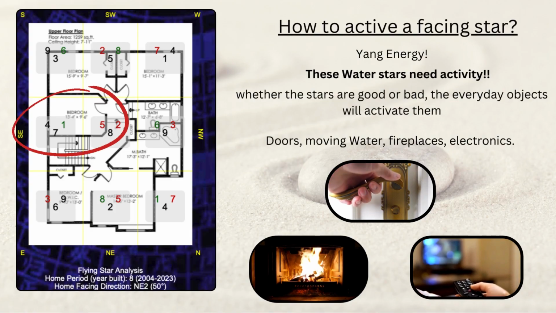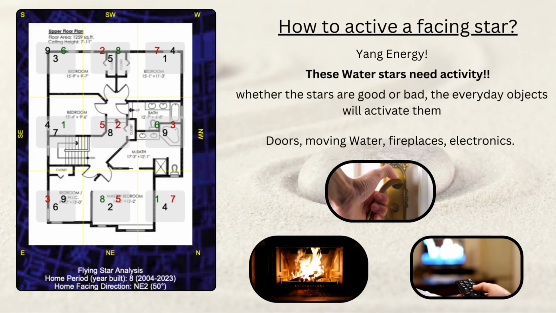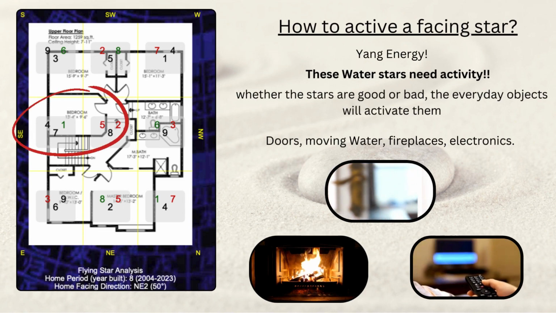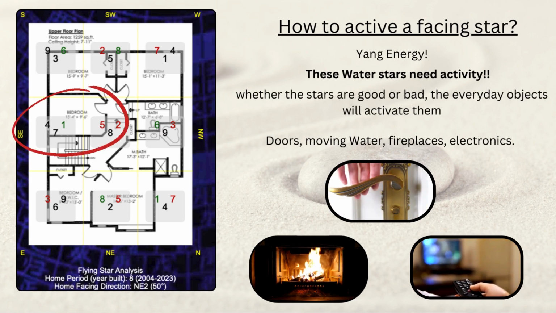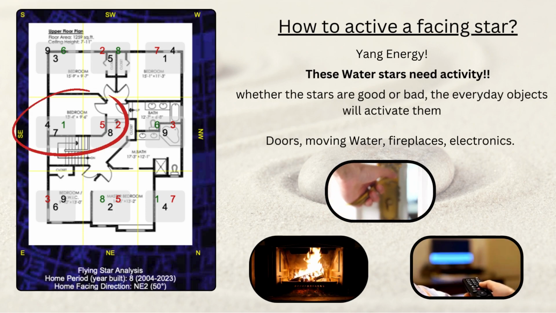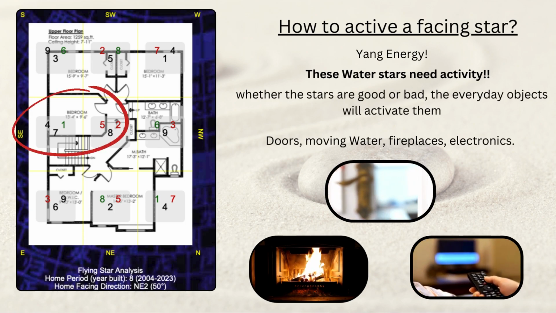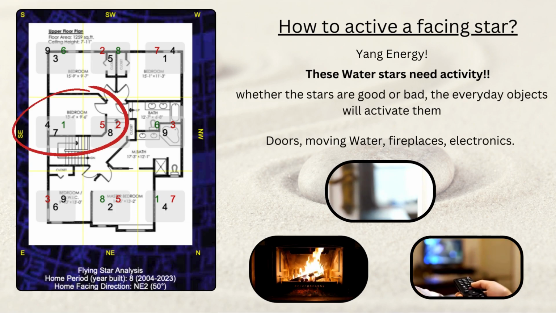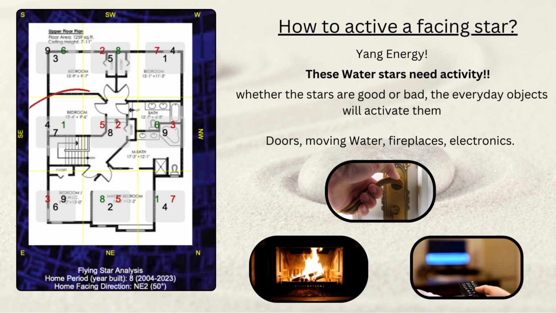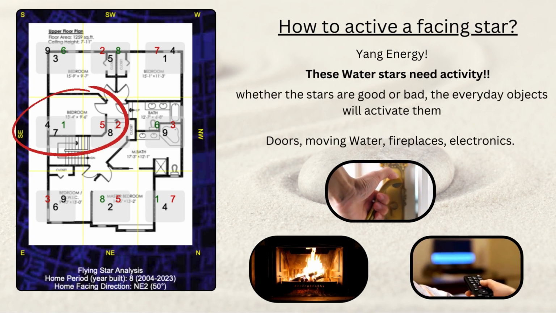All right, so before we start wrapping things up, I wanted to go over with you guys how to activate the facing star. So again, if we're looking at the top right-hand number, that is the facing star, and that's relating to your business, your wealth, your money energy. And if we want to activate that, the facing stars need movement.